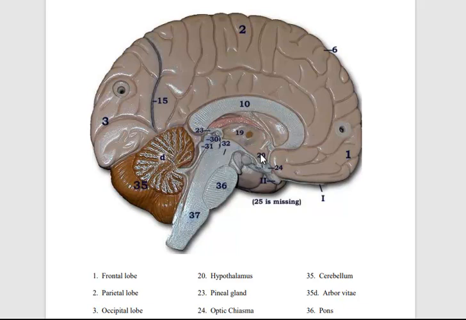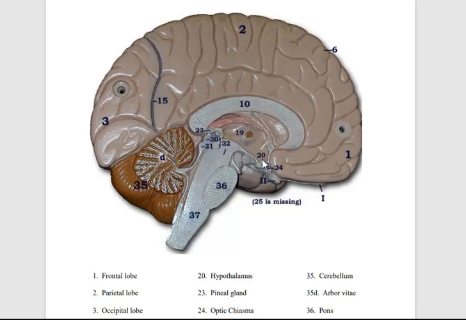If you can imagine, right underneath the hypothalamus is the optic chiasm. You have two eyes, and coming out of the back of each of your eyes is the optic nerve. You've got one from each eye, and they come together and meet at the optic chiasma. That's what 24 is right there. There's another picture that shows the optic chiasm a little better than this one. It's like a U-shaped area, because it's the intersection of the two optic nerves coming from the eyes, where they meet.